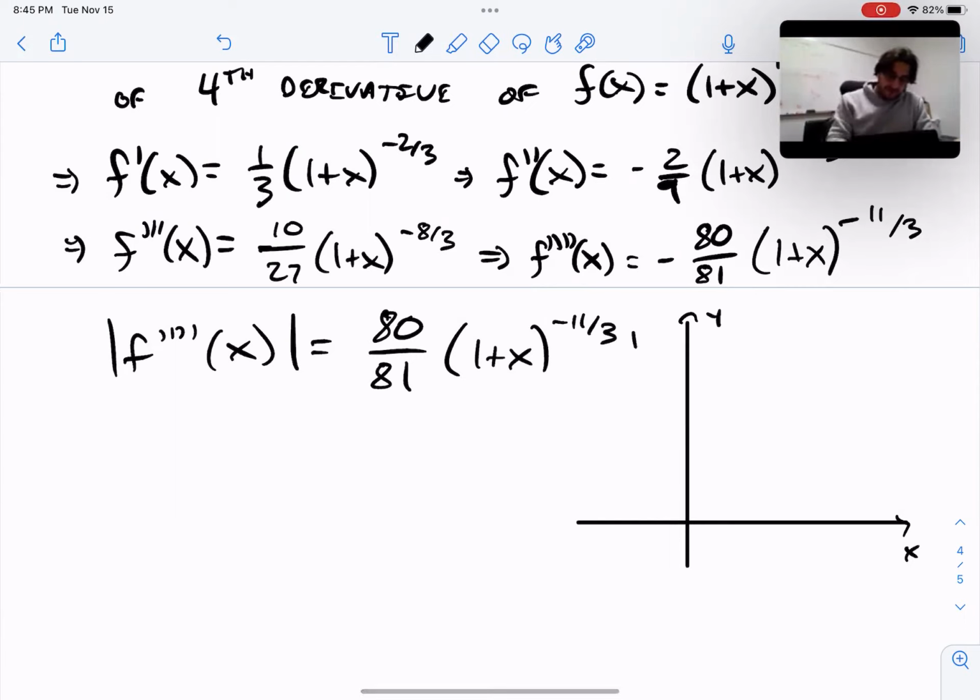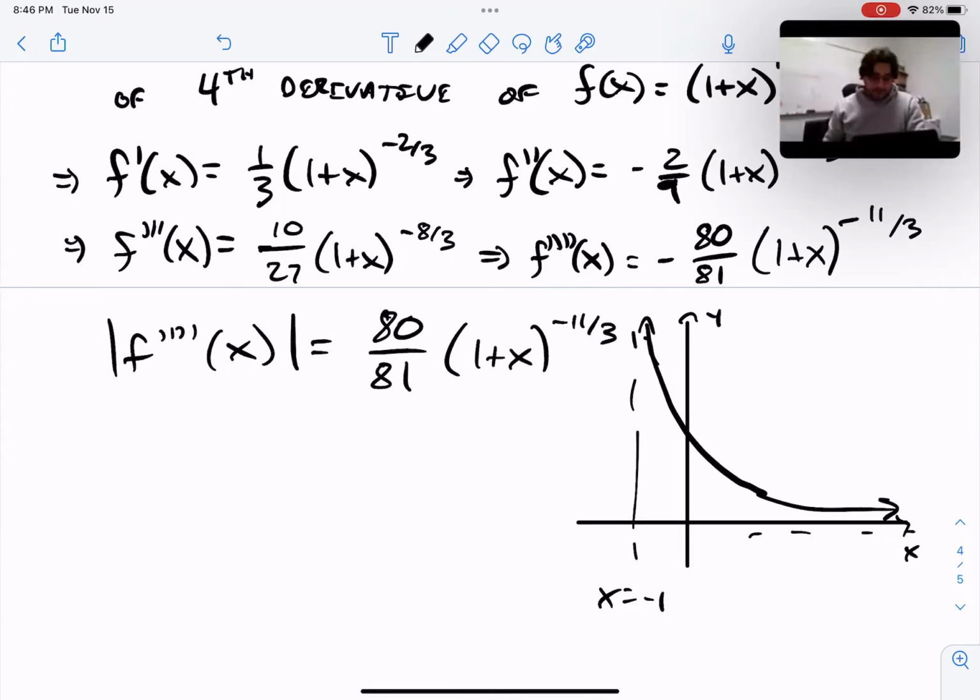Well, this function doesn't exist at x equals negative 1, because you have division by 0 there. It actually blows up to infinity there. Now, as x becomes really big, what is this function going to do? It's going to go to 0, because it's a negative power of x plus 1. So those are the two asymptotes, the horizontal and vertical asymptotes. Then in between, it just sort of goes from one asymptote to the other.